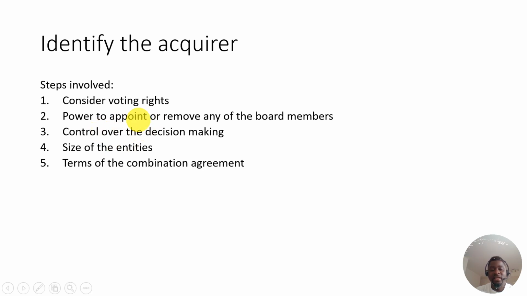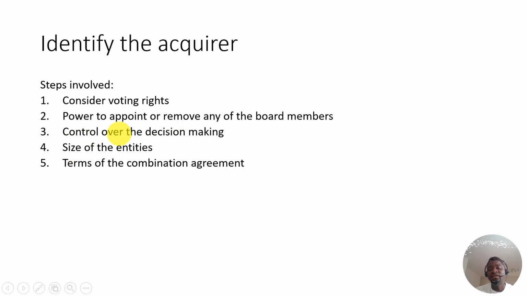Then another thing I talked about is the power to appoint or remove any of the board members. If you have that power to appoint a member of the board, reappoint another member, or remove somebody from the board, it means the entity is the acquirer in that instance.